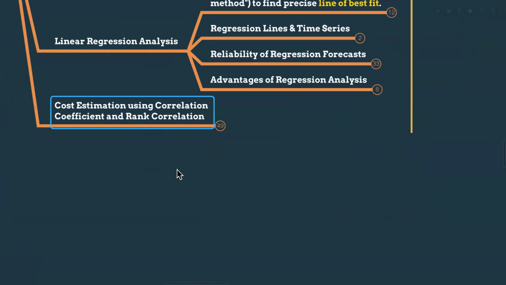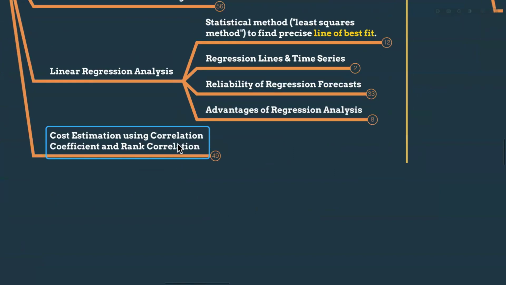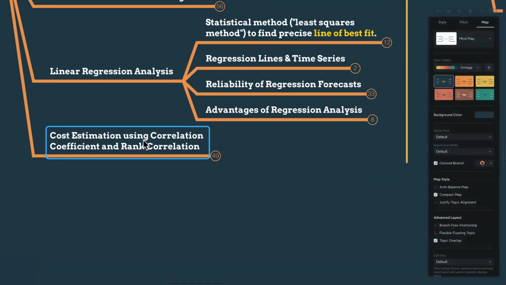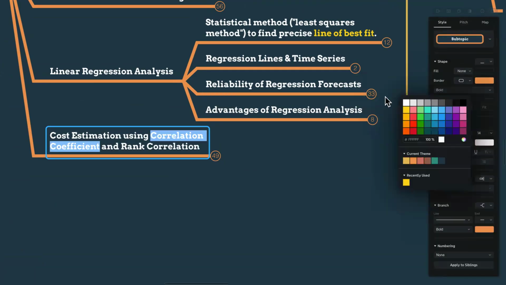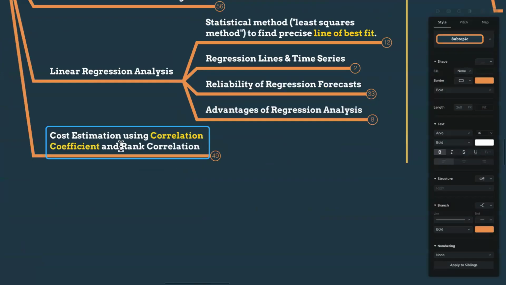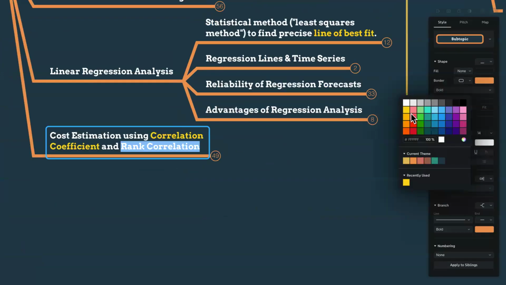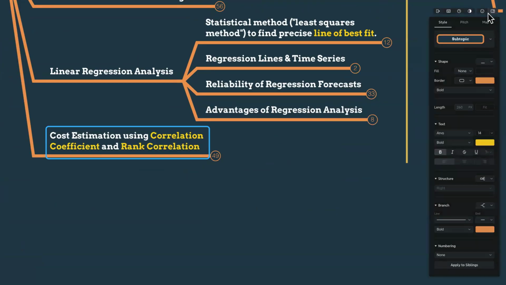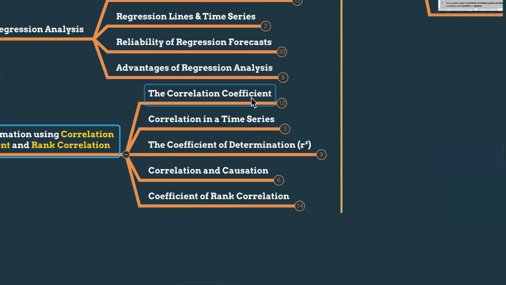And the final part is cost estimation using correlation coefficient and rank correlation. So there are two things: the correlation coefficient, for which we will do a formula, and the other one is rank correlation. We are going to do some rank correlation in the questions also. So what is the correlation coefficient?